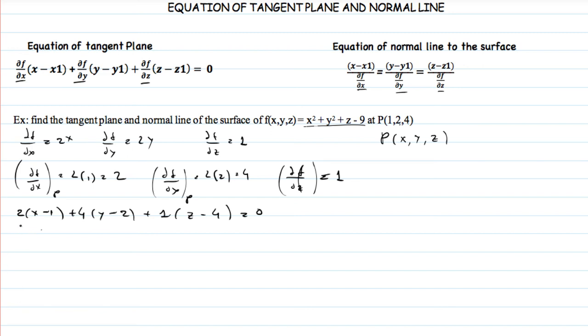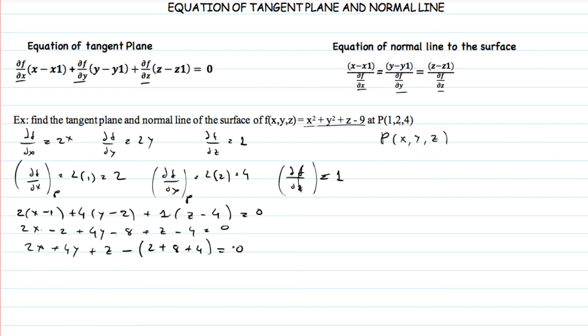Now we have 2x minus 2, plus 4y minus 8, plus z minus 4, equal to 0. So 2x plus 4y plus z, and the constants are minus 2 minus 8 minus 4. Putting the common minus sign in evidence, we join them all inside.